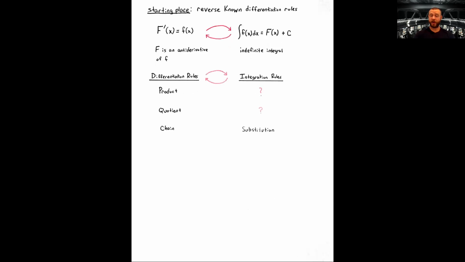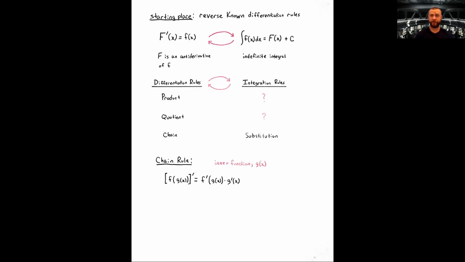So it shouldn't be any surprise then that the chain rule, the most important differentiation rule, we're going to reverse it right now and get the most important integration rule. We're going to reverse the chain rule to get substitution, or the substitution rule. All right, so before we do that reversing, let's take a look at the statement of the chain rule as you would have had it stated in your Calculus 1 course.